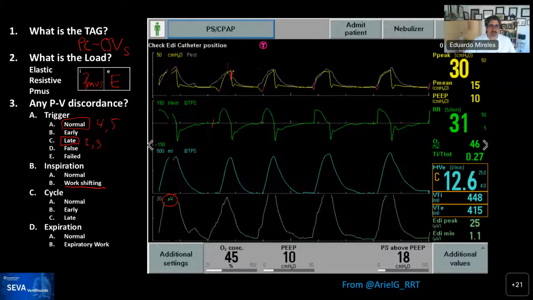I like this graph a lot because it shows you how challenging it can be to achieve synchrony in some of these patients, right? There's always going to be some delay in the signal and in how the ventilator responds.